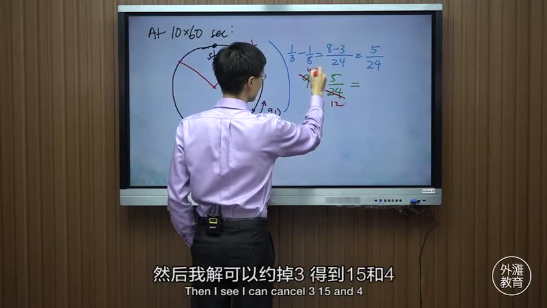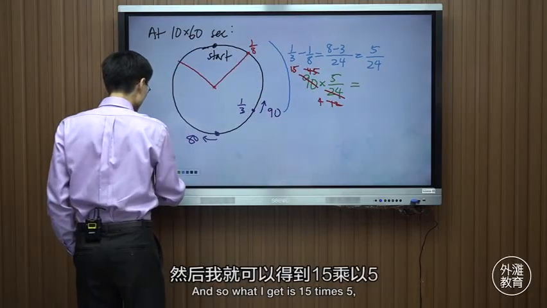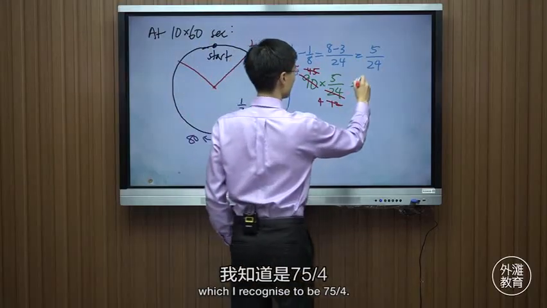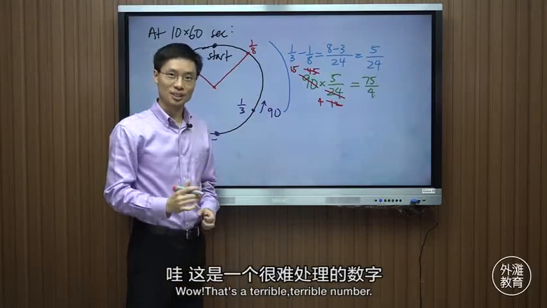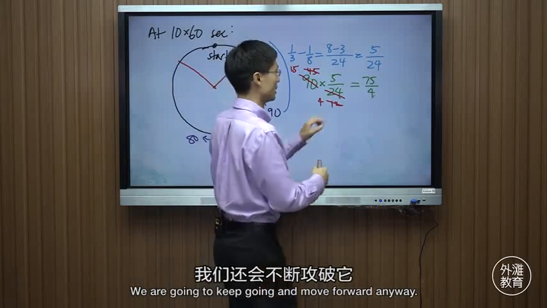Then I see I can cancel a 3, 15, and a 4. And so what I get is 15 times 5, which I recognize to be 75 over 4. Wow, that is a terrible, terrible number. But that's okay. We're going to keep going forward with brute force anyway.